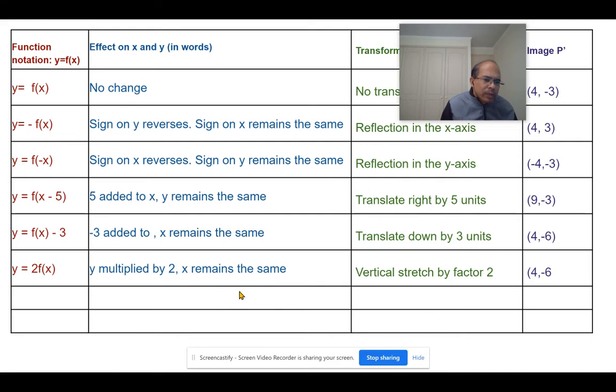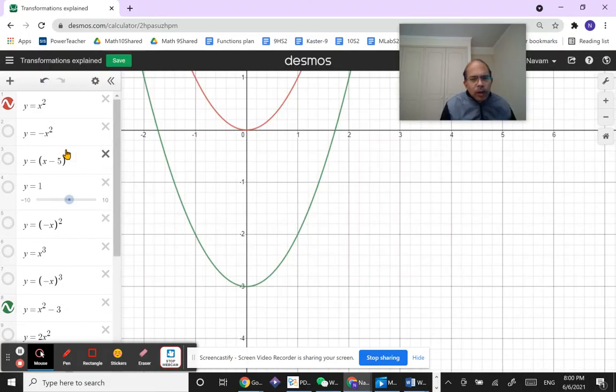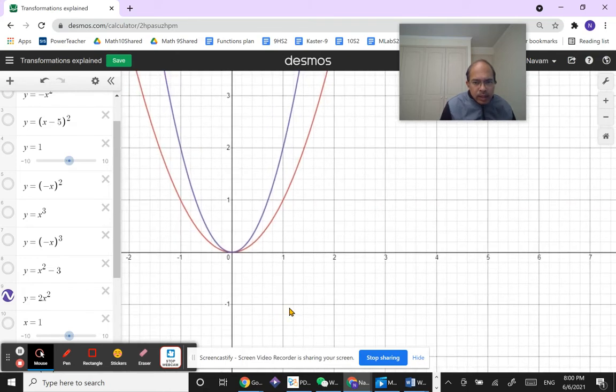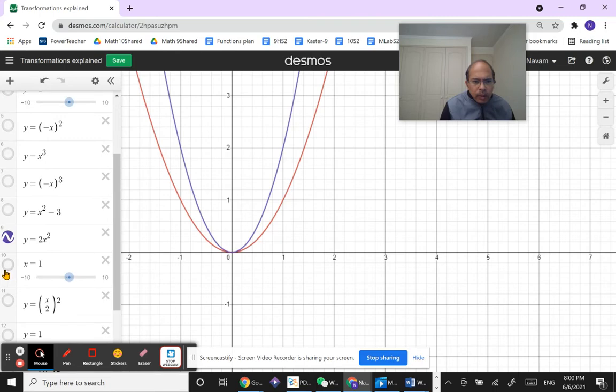If you have y equals 2 times f of x, that means the values of y are multiplied by 2. How does this look when we plot it on a function? If you take y equals x squared and then take y equals 2x squared, you can see that the curves look like this, where the purple curve is the new function. How is the new function changing? Let's use the x equals 1 line to check this. In other words, we're going to see how y changes along a constant value of x equals 1.